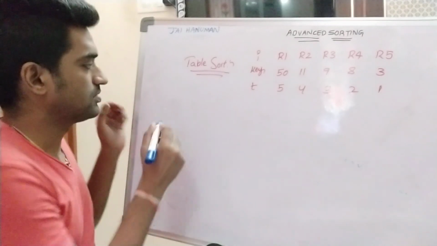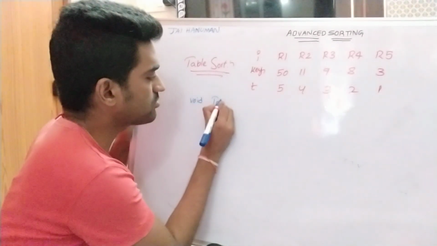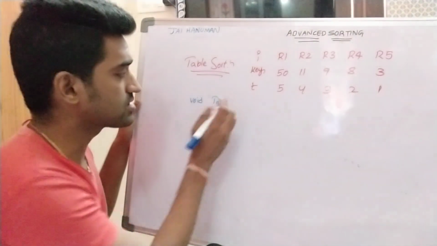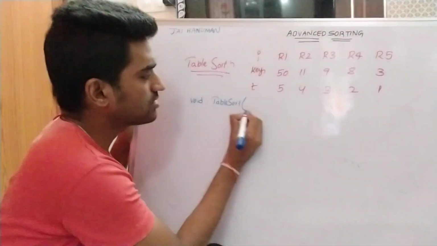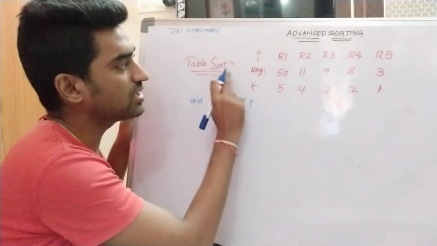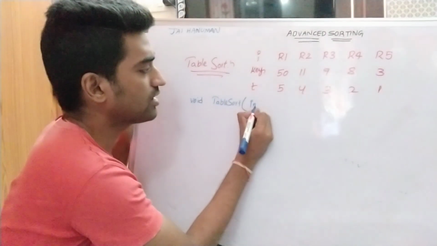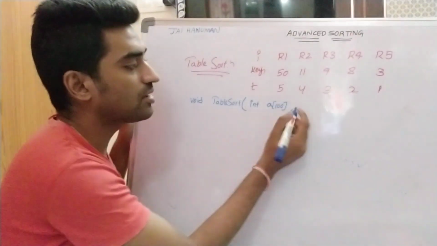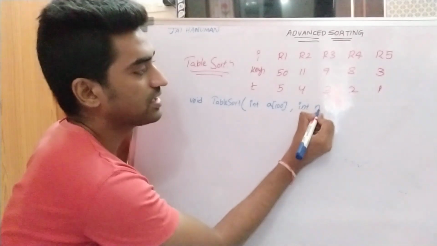So here I am writing the function definition for the non-trivial cycle. I am taking void, and the function name is table sort. I am creating one user defined function, that is table sort. In that we are representing key values with the help of one array, so I am taking one array, A of 100, and we are passing the number of values in the array, represented with n.